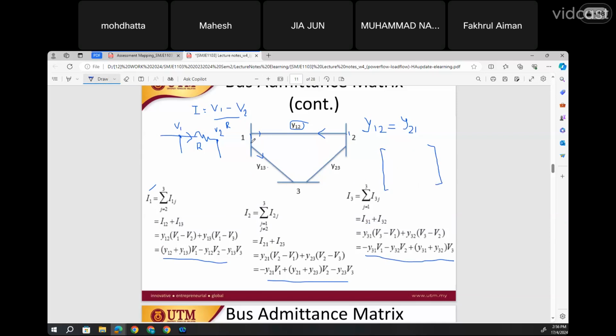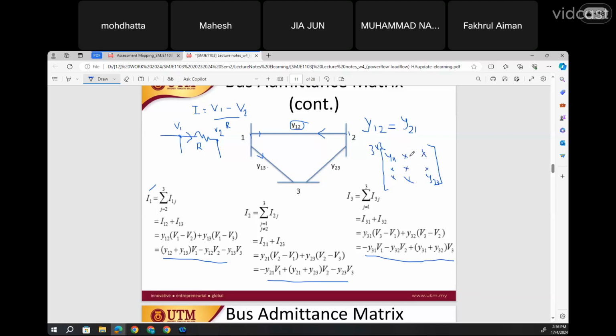Since we have 3 buses, we should have a 3 times 3 matrix, where all the components should be here: Y11, Y33, and another value in each of the elements that we have over here.